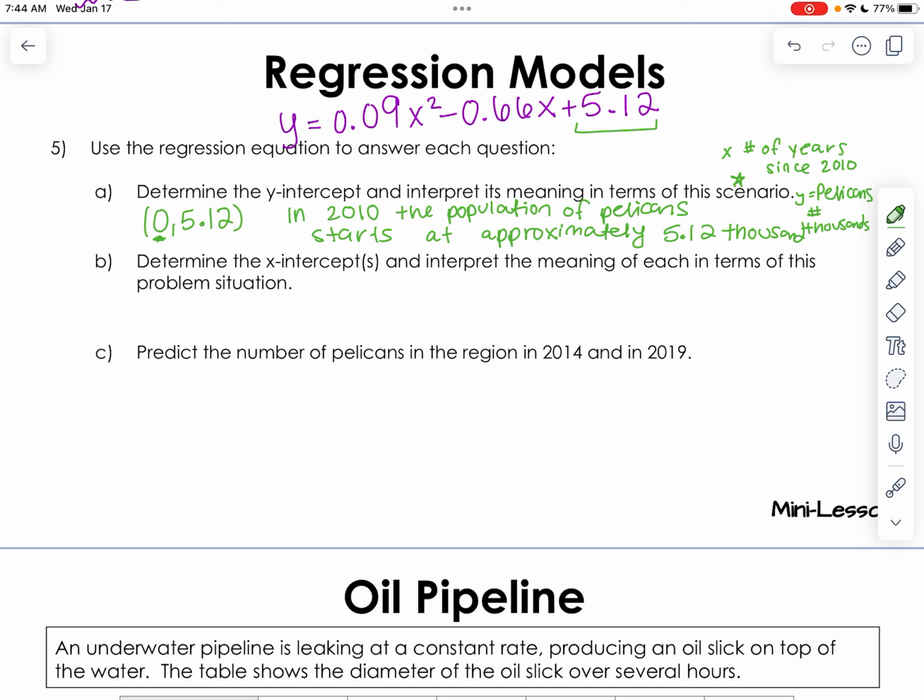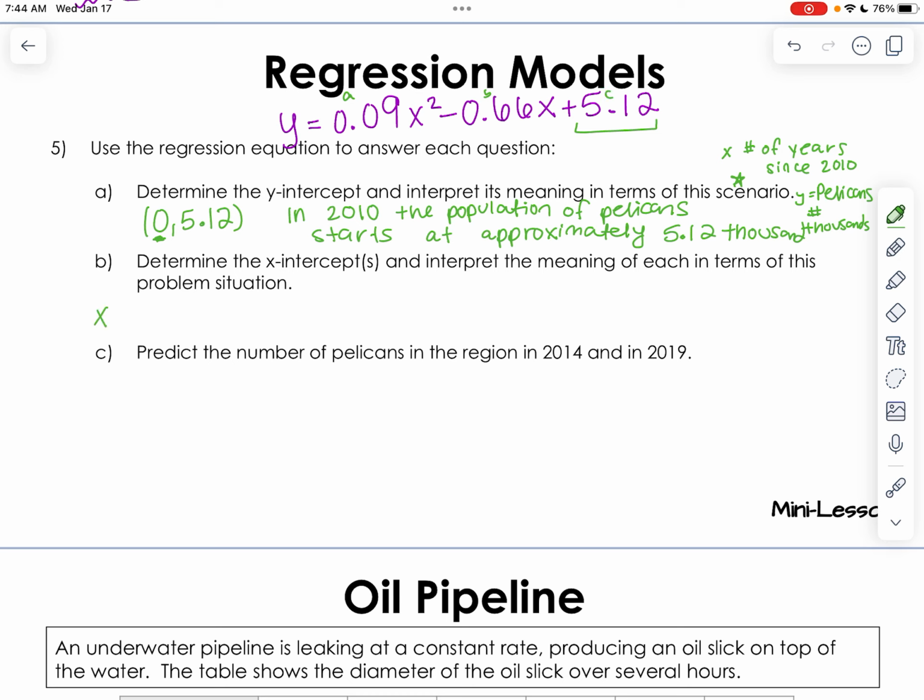Part B, determine the x-intercepts and interpret the meaning in terms of this problem situation. All right, so we're going to find the x-intercepts for this, and I can tell because of the decimals, it's probably not going to factor. So what that means is we are going to use quadratic formula. We have our a, b, and c, and we will plug those in.